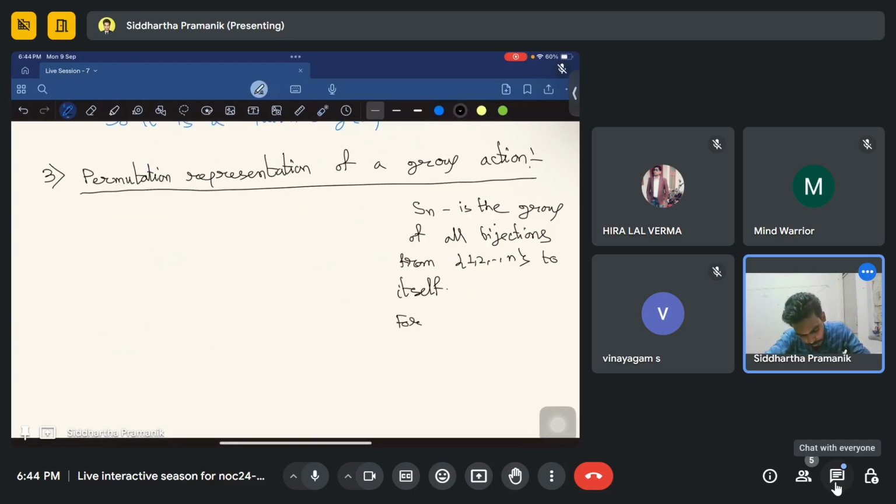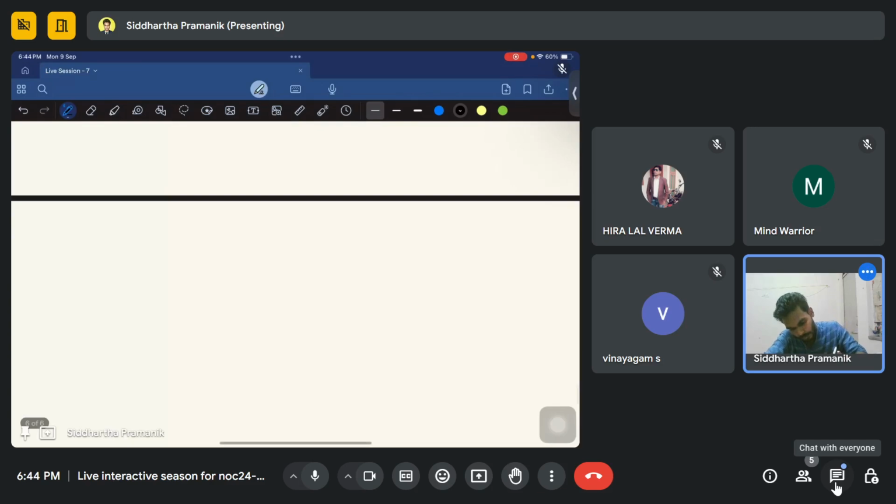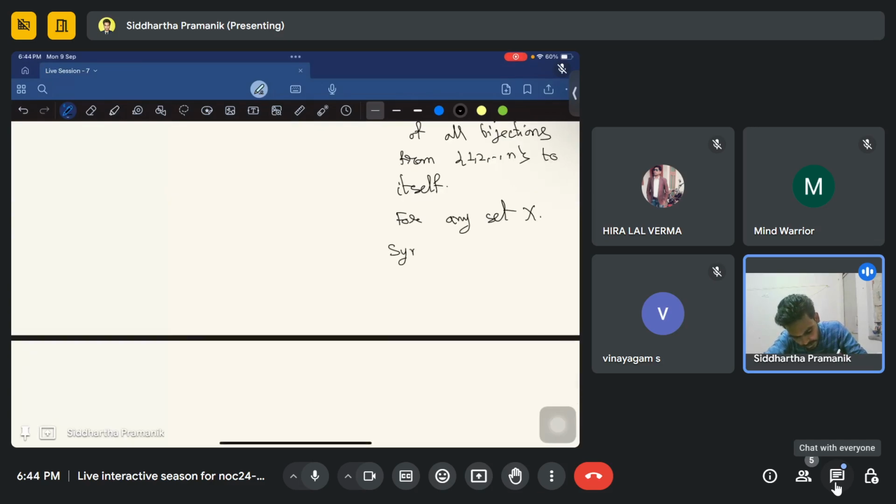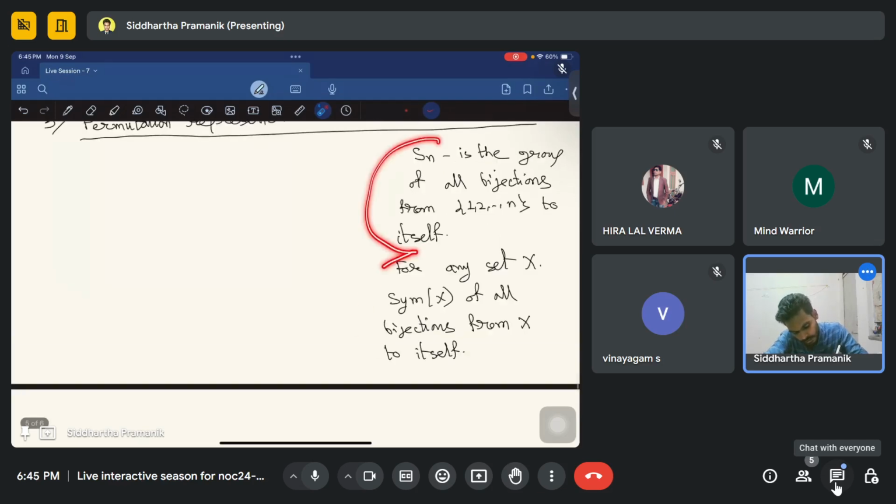So for any set X, the set Sym(X) of all bijections from X to itself is also a group where the group operation is composition of functions. So this is for just 1 to n, and this is for any set X. So I need this fact.